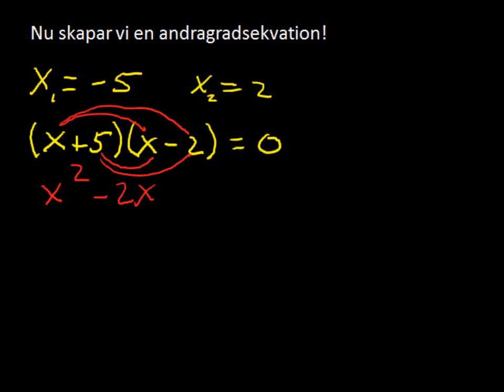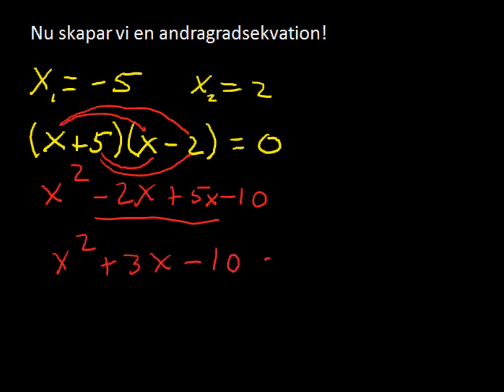So that will give us our 5x and then minus 10. Oh, I missed my x there. Okay, now these combine. So let's clean it up a little. We'll get x squared plus 3x minus 10. And that will equal 0.